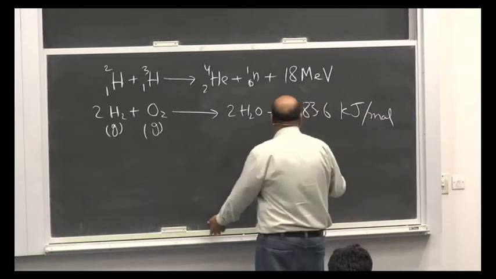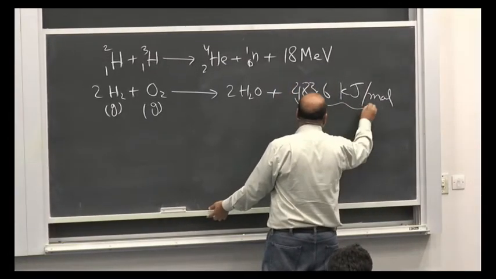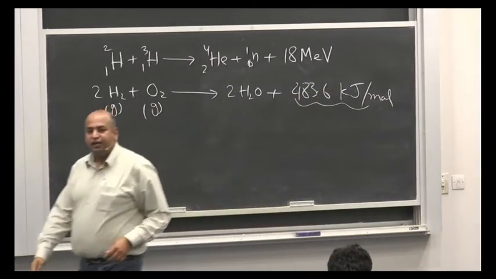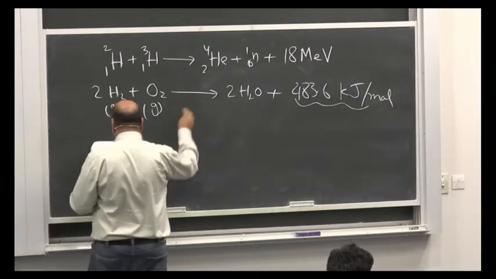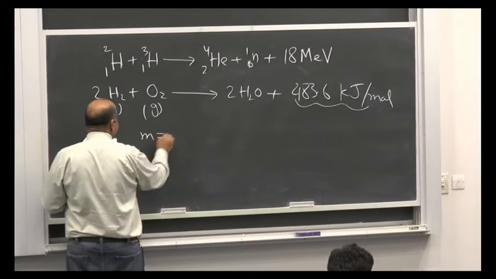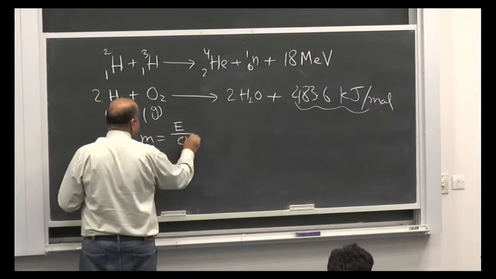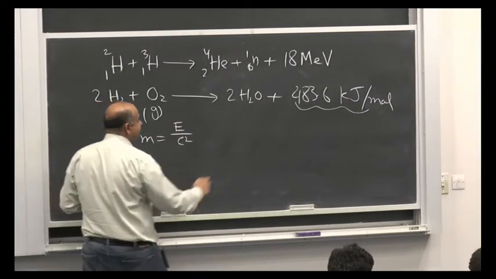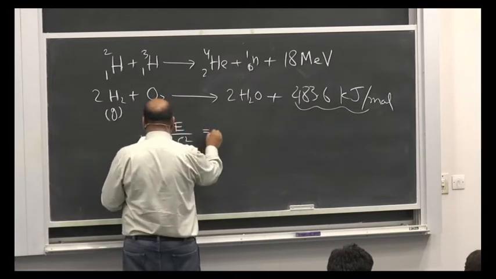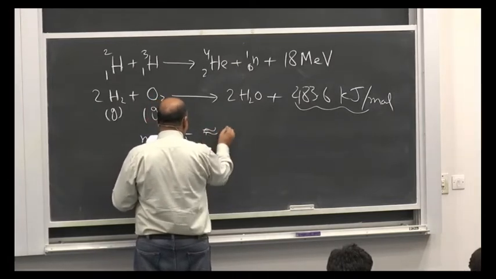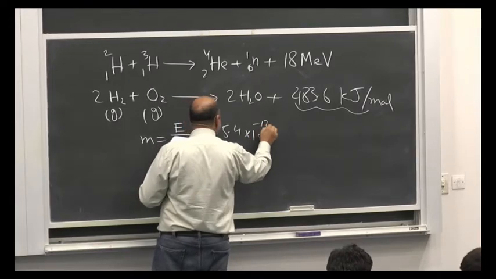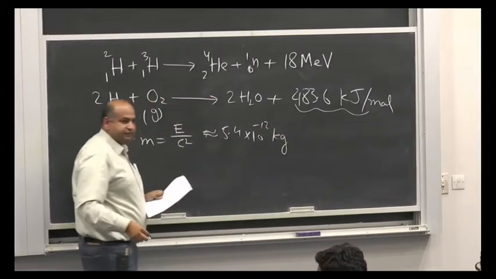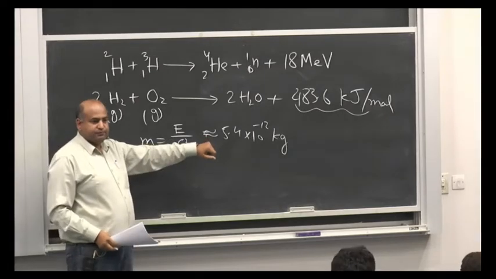Let me convert this energy into the mass that should have been reduced. If you do that for this reaction and find the amount of mass required to produce these many kilojoules, it's roughly 5.4 × 10^-12 kg. Very small.